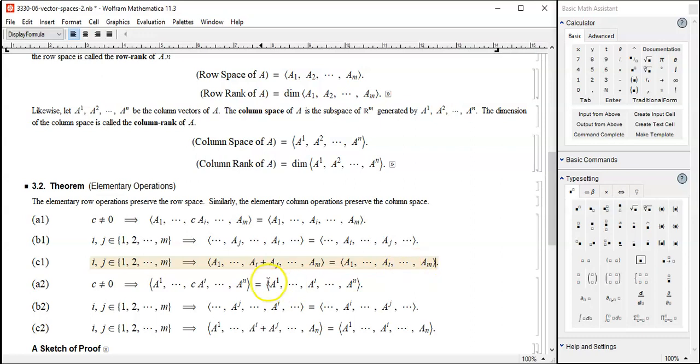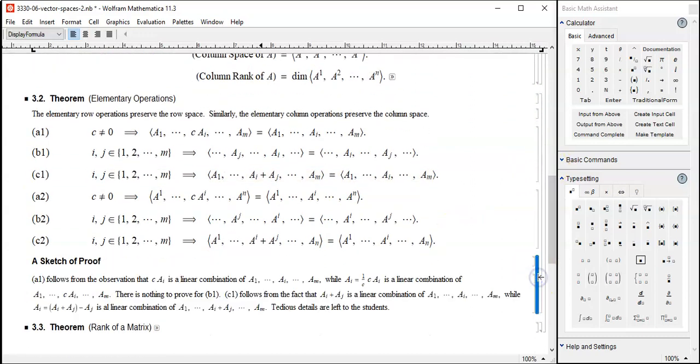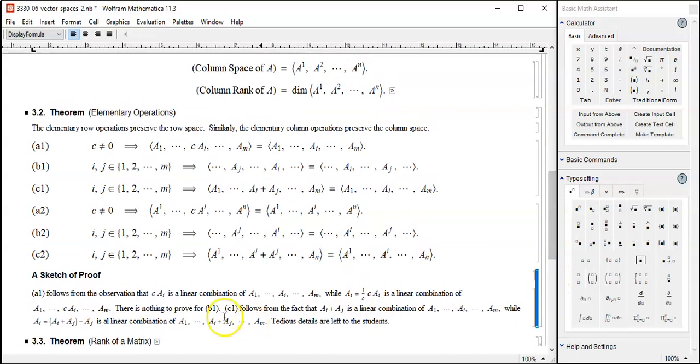And then adding one row to the other, even only that may be a little bit worthy of consideration. A1, immediate consequence, and then B, nothing to prove for B. And as for C, Ai plus Aj is a linear combination of A1 all the way up to Ai and then Am because we just add those two.